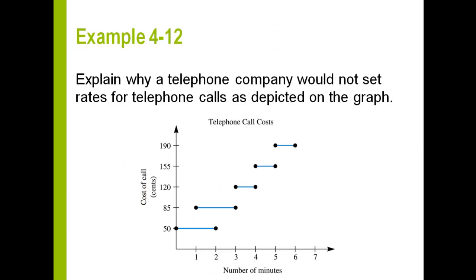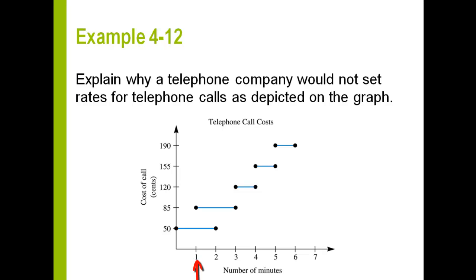Here's also a graph, but think about this and see if you think that this is a function or not. So this would not be a function because if I talked for a minute, then I might be paying 50 cents or I might be paying 85 cents. I'm not quite sure.